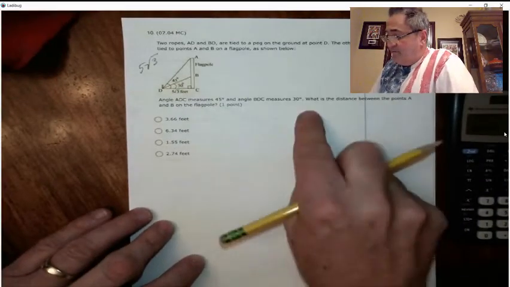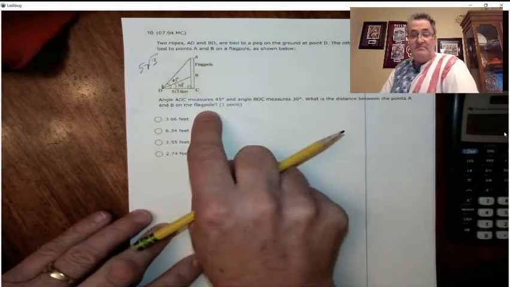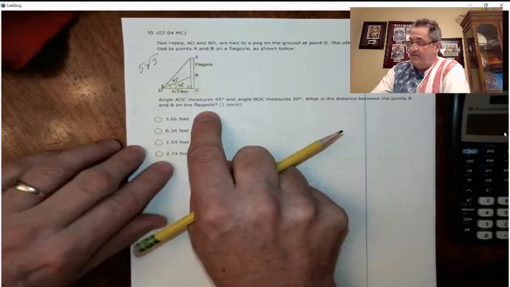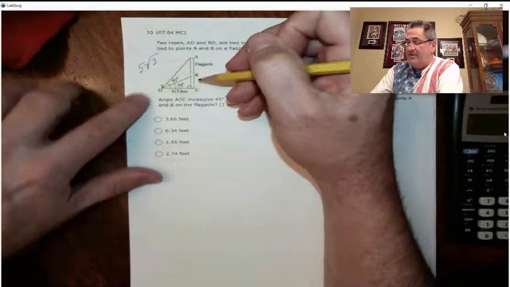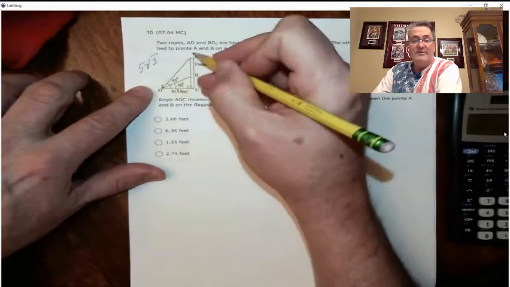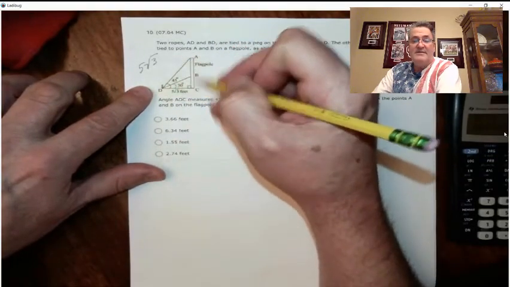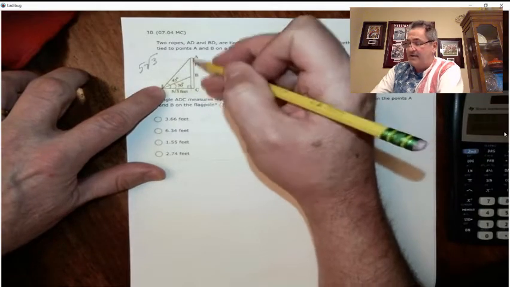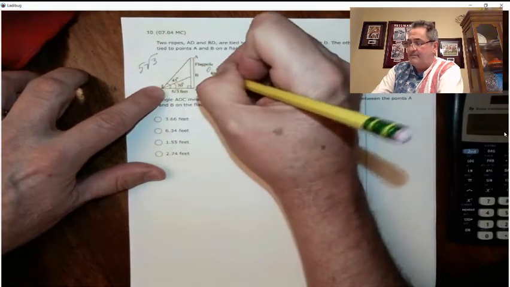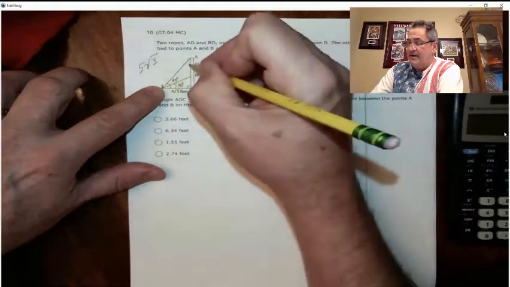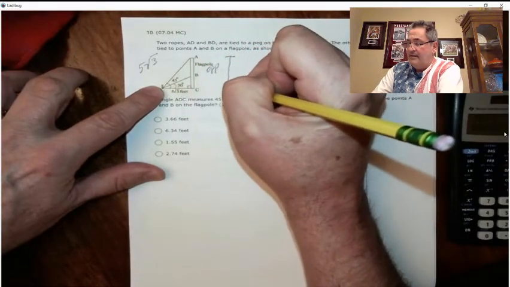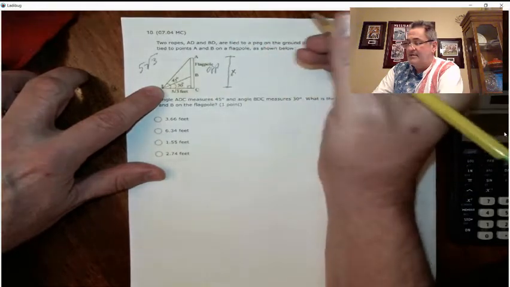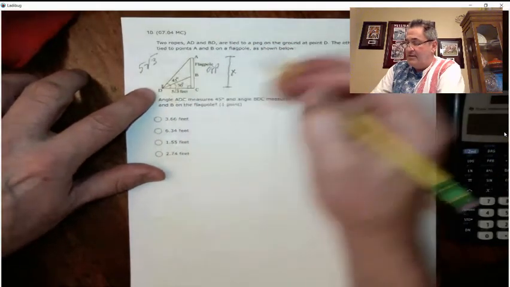So what's the distance between point A and point B on the flagpole? Okay, so we need to find the distance this way. So we're looking at this side of the triangles. Let's look at the big triangle first, the 45-degree triangle. From this 45-degree angle, this is the opposite side. Let's call the side of the big triangle X. Then we've got this little triangle in there.